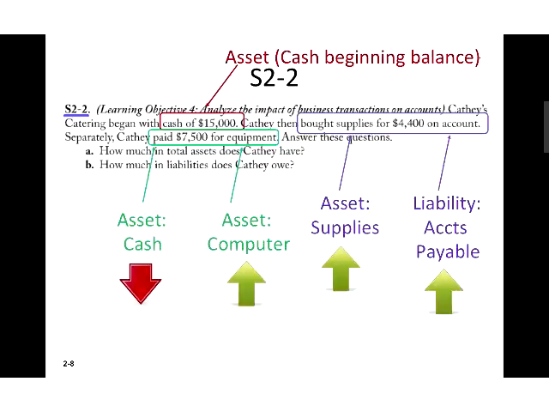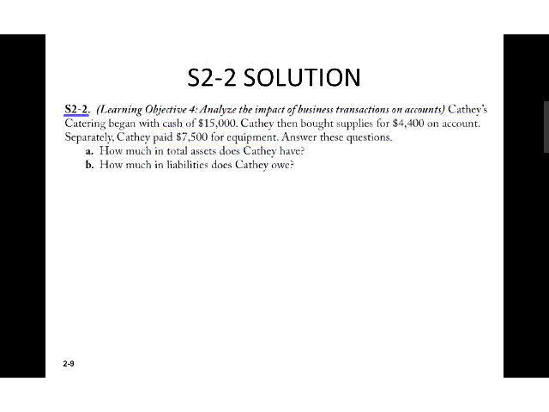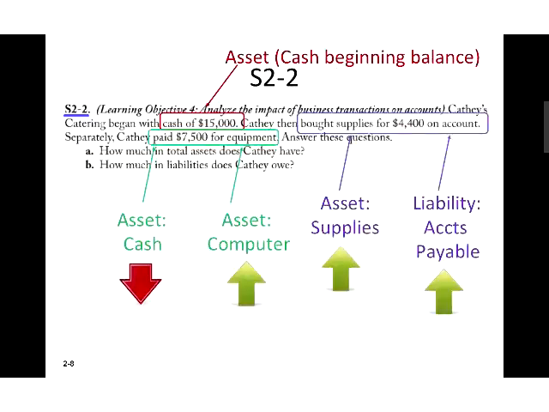So you have those numbers that we just had: the $15,000, then supplies, an asset, going up, liabilities going up, assets going down, and assets going up. All those become important. Now, to answer how much in total assets they have, we look back and pick out every asset.